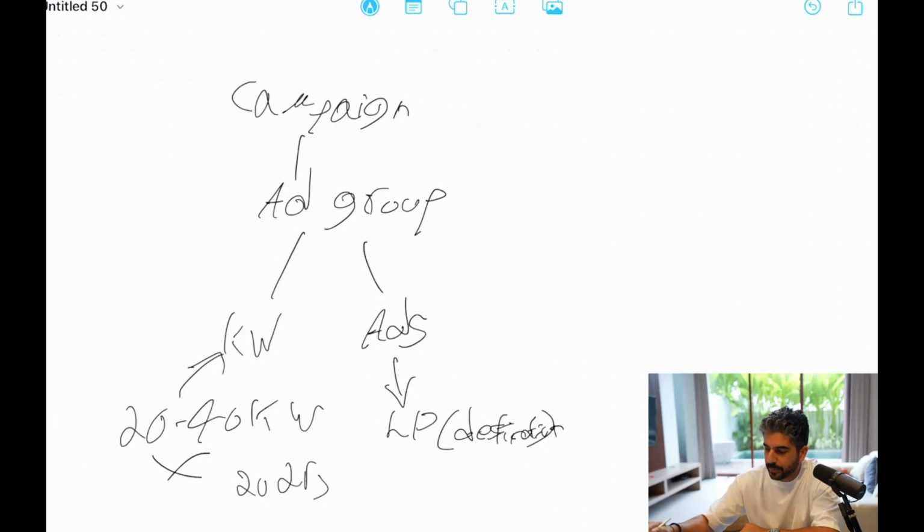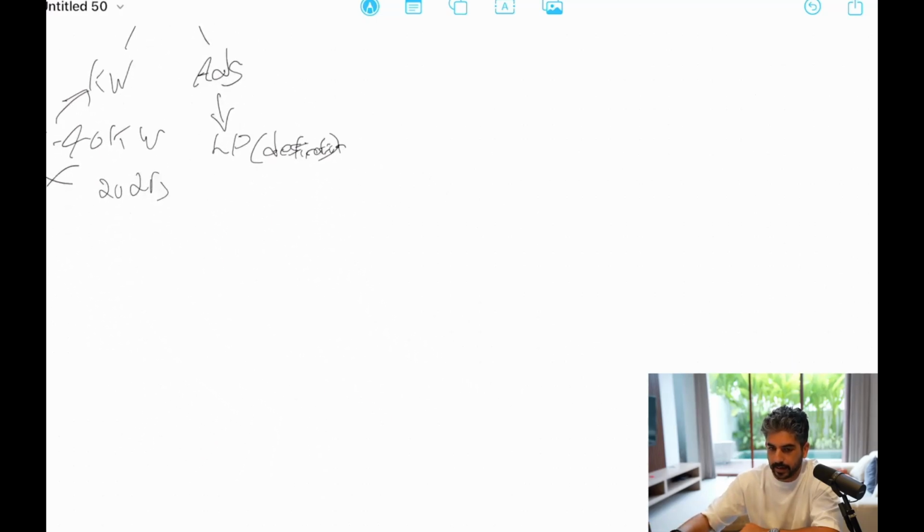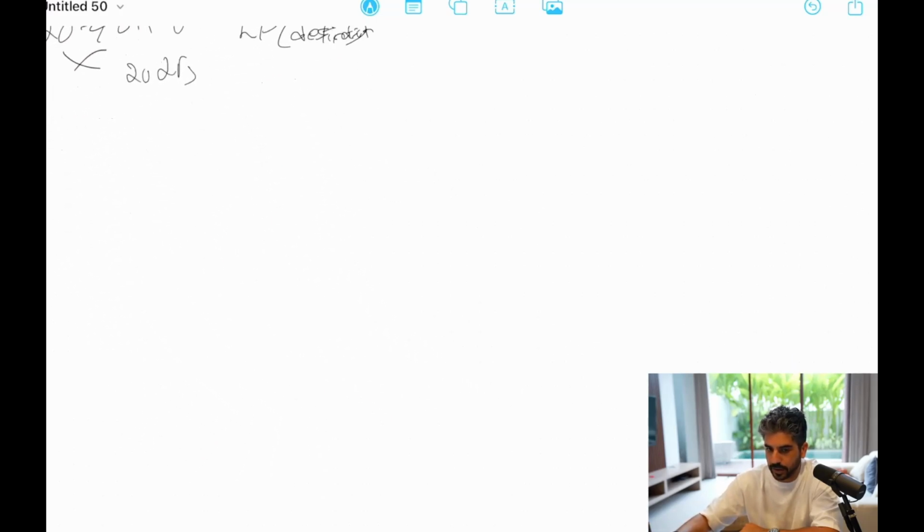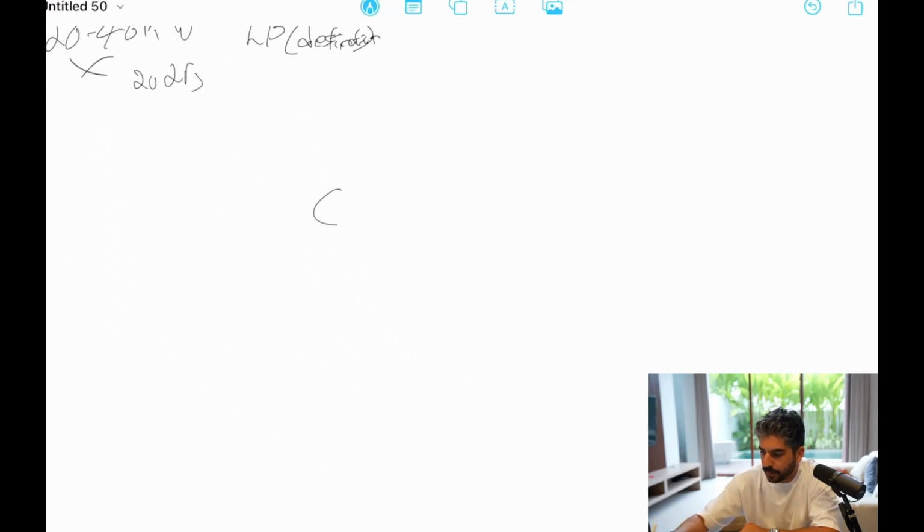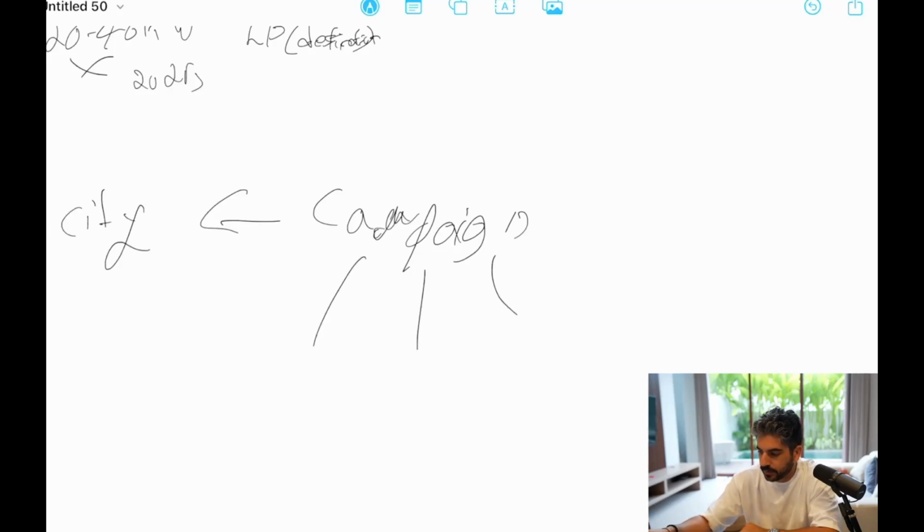The right approach, and again, this is something that we teach in our program, first of all, the campaign should be focused on a city. The ad groups, okay, how many ad groups you want to have. So let's call it ad groups.